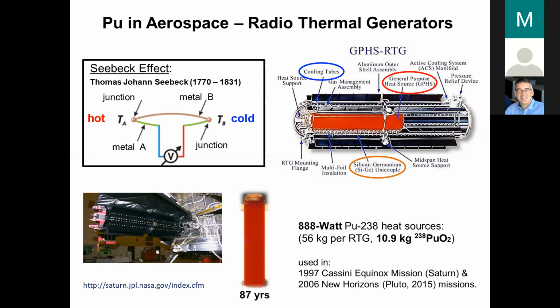And by heating one of the junctions, we provide thermal driving force for electrons to be promoted from one metal into the other. And by cooling the other side, a thermodynamic sink is created for these extra electrons to go to.